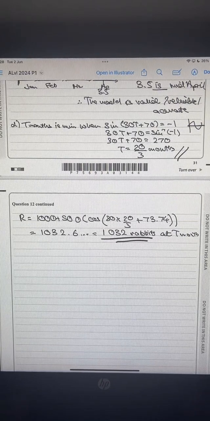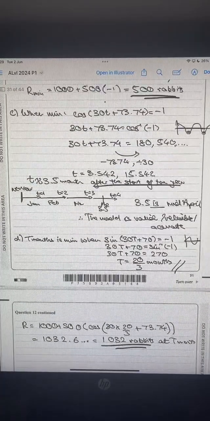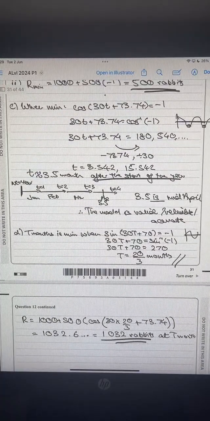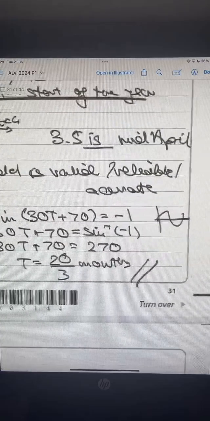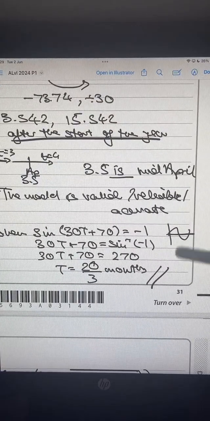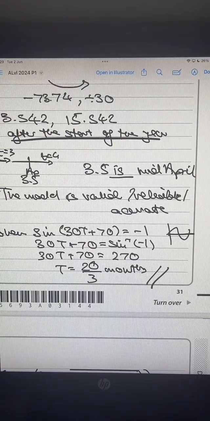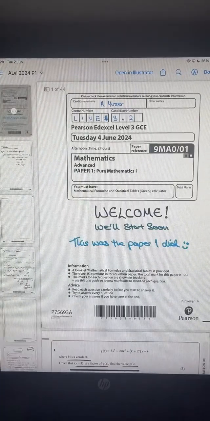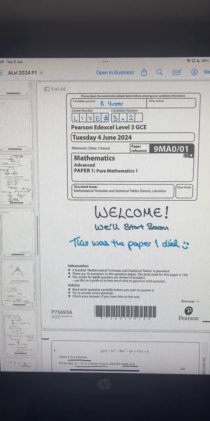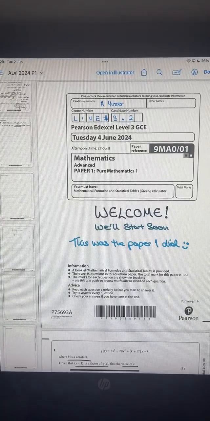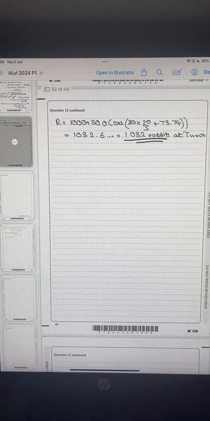Why did I use negative 90 instead of 270? I did not use negative 90. Here, negative 90 is the principal solution, but because I wanted it over here, I used 270. Oh, why did I use 270 instead of negative 90? Let me just check what happens if I do. Oh my god. One second. Oh, that's beautiful.